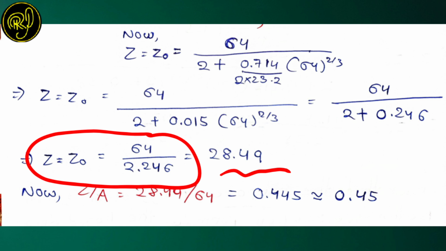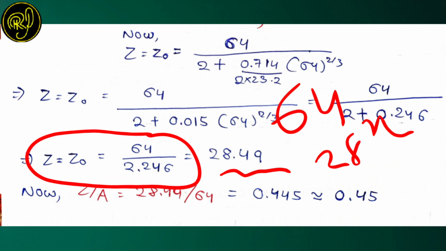Okay, so for the most stable isobar, A is equal to 64. I am getting that my atomic number is 28.49. If I round it up, let's say it's 28, or 28, 29. So our Z is 28.49. We can round it as per the requirement of the question, that is 28 or 29.